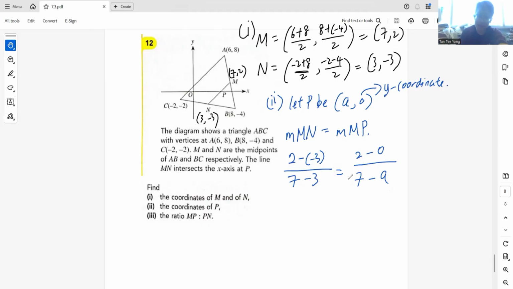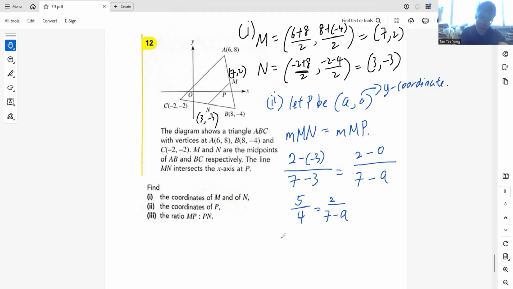Just simplify this and find a. So you will have 6 over 4 equals 2 over 7 minus a. Is it 6? Oh no, it's 5. Careless. So 5 over 4 equals 2 over 7 minus a.